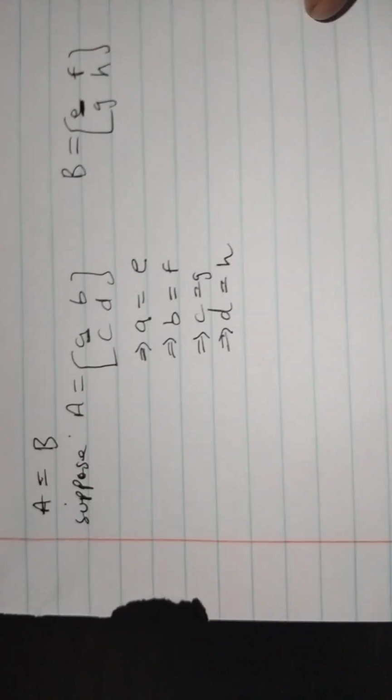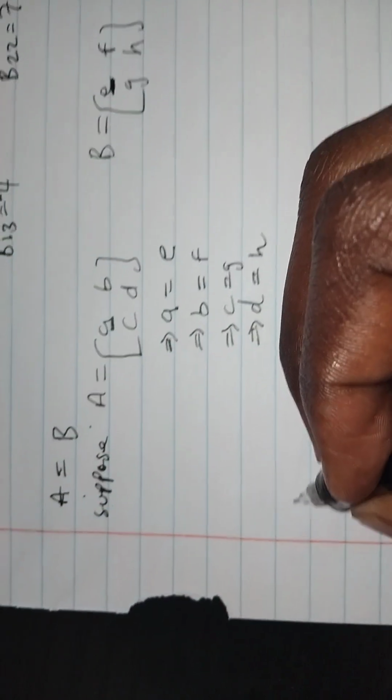So we can solve a problem of that nature, where we are given two matrices where one has unknowns, and then we can solve for the unknowns. Let's see an example of such a problem.